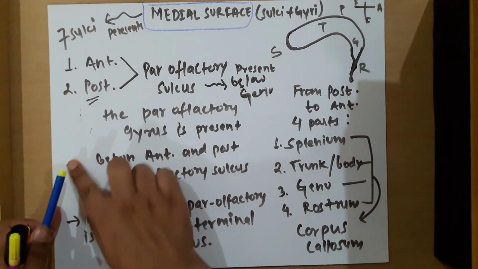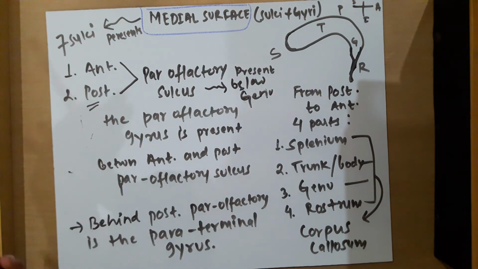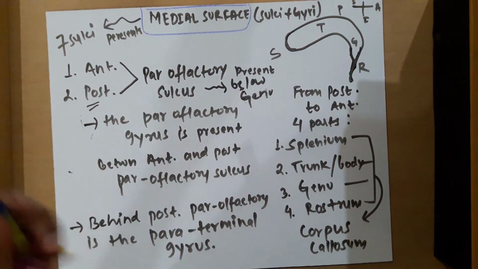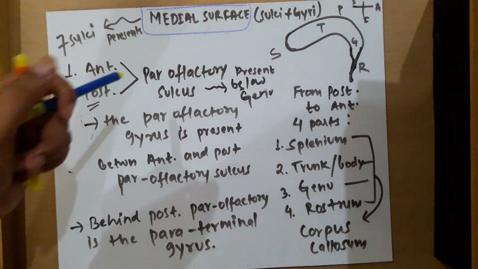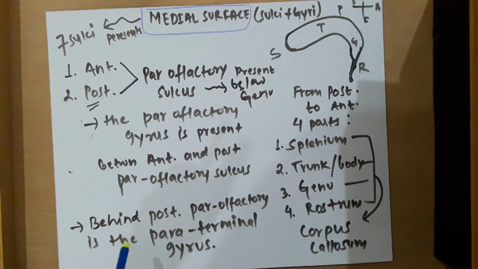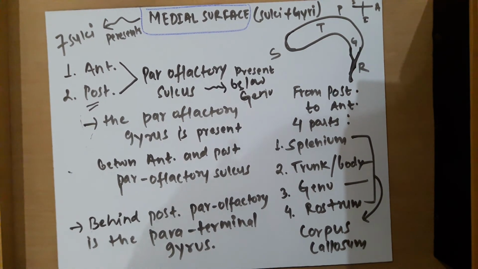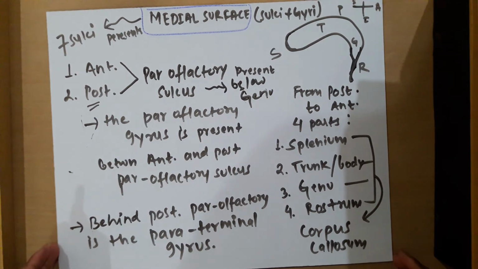I was just confused for a moment. Behind the posterior para olfactory sulcus is the para terminal gyrus. You will be much clearer when we draw the figure.